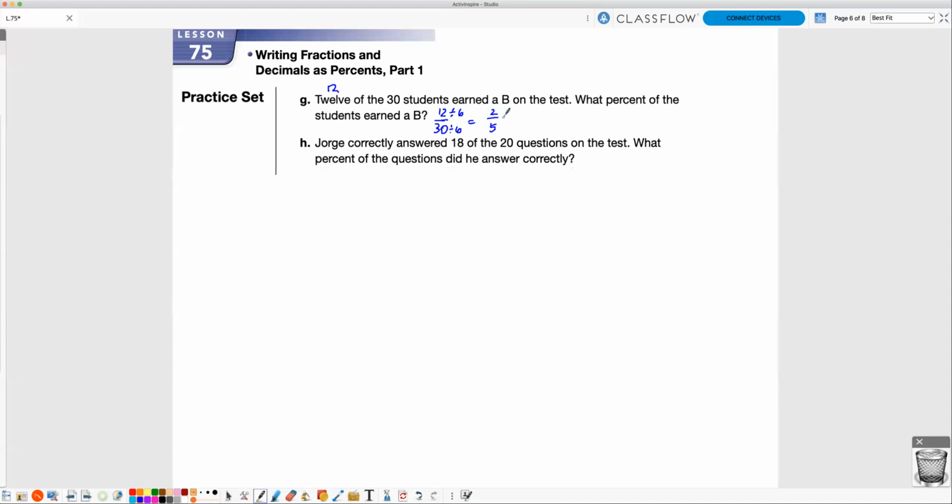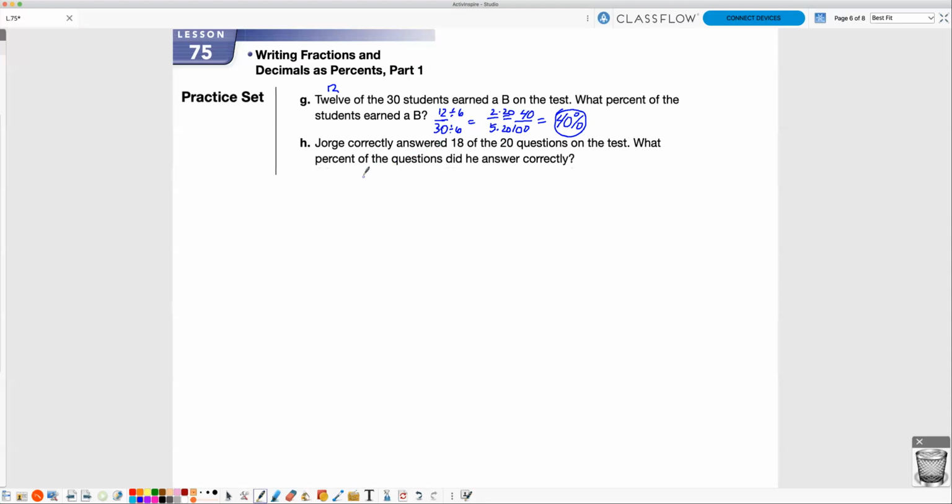And now I can convert that fraction easily into 100. I can see that 5 times 20 would be 100, and 2 times 20 would be 40. So I'd end up with 40%. So the answer to the percentage of students who earned B's on the test would be 40% earned B's.